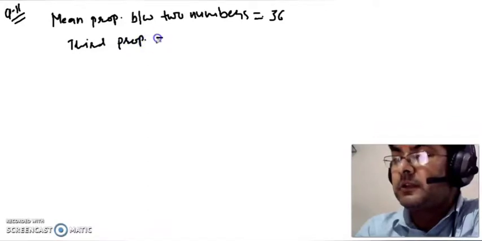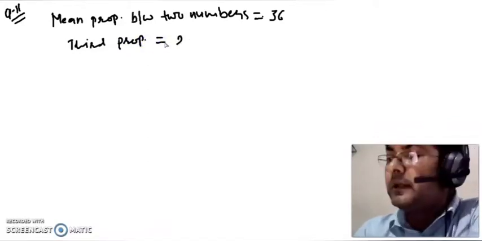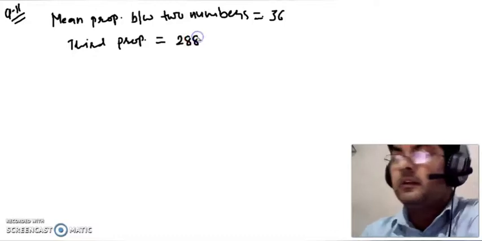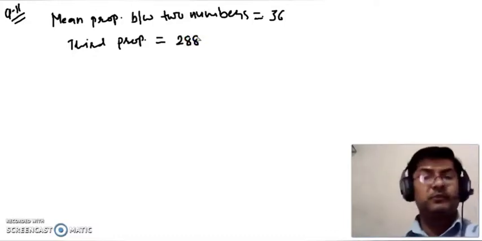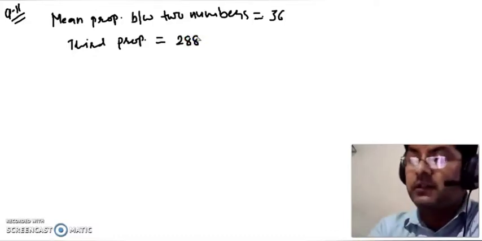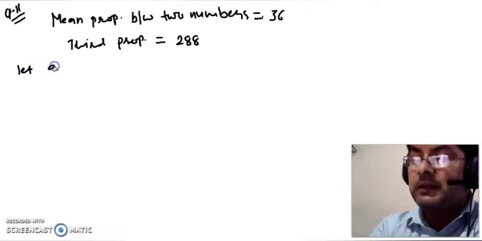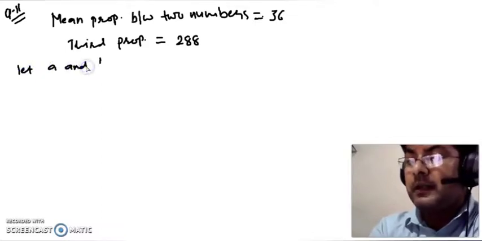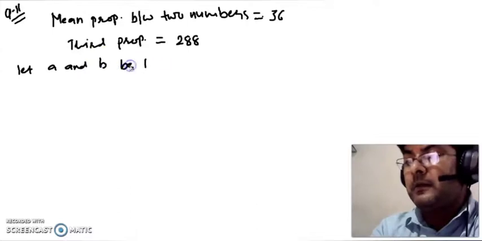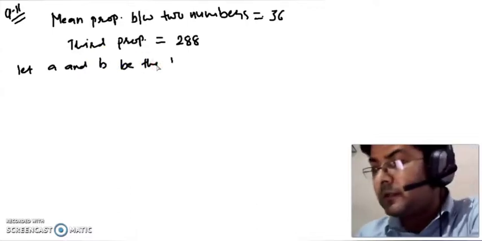Third proportional is 288. First of all we will consider the two numbers to be a and b. So let us write down, let a and b be the two numbers.